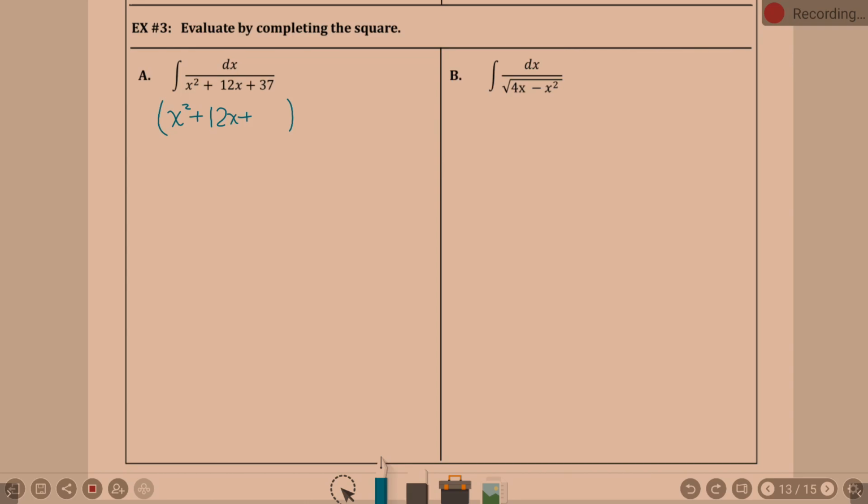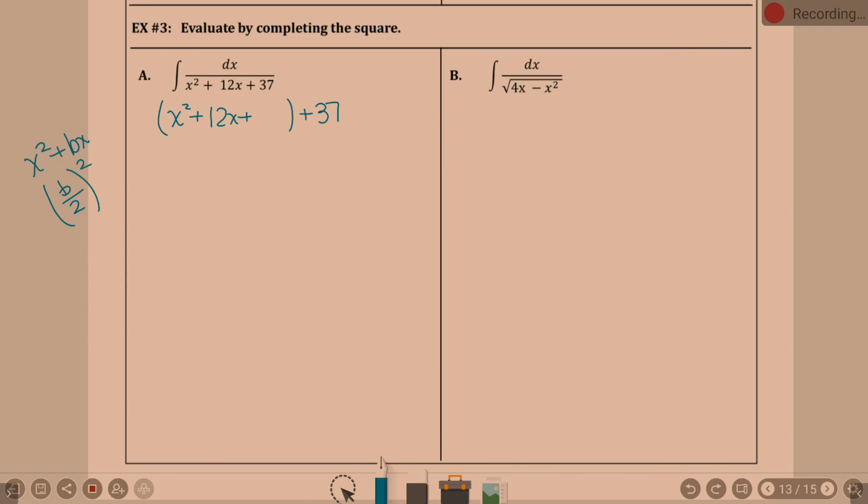Now, x squared plus 12x, this is your x squared plus bx, the piece you want. This plus 37, I'm going to move outside. Sometimes, if we were working with an equation, we'd move it to the other side of the equation. In order to complete the square, we're going to use b over 2 quantity squared.